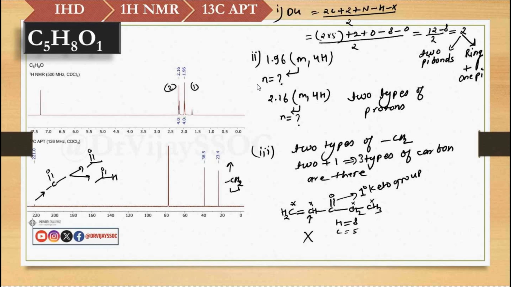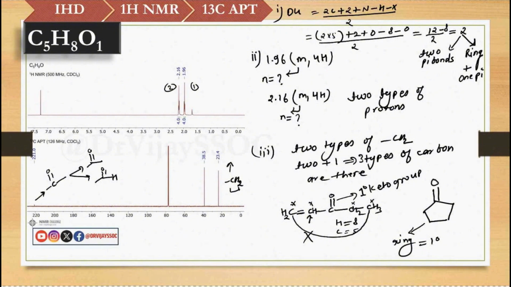Now what is the other possibility? If you connect this carbon to this carbon and make it cyclic, then you can have a 5-member ring, and this one ring will correspond to 1 degree of unsaturation, and then you can put the keto group here.